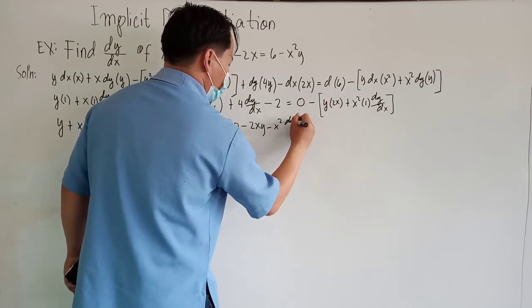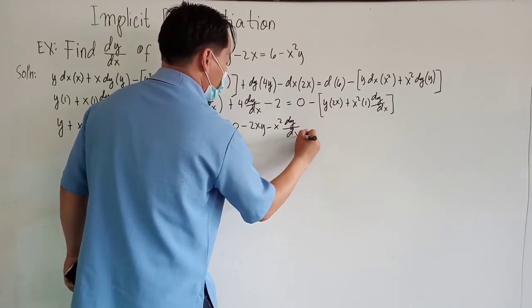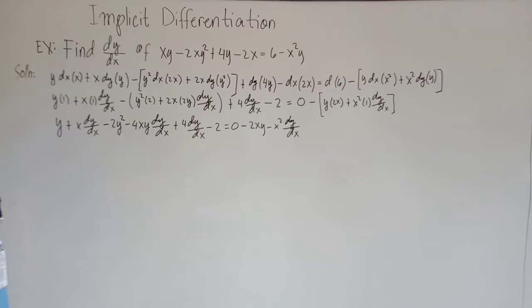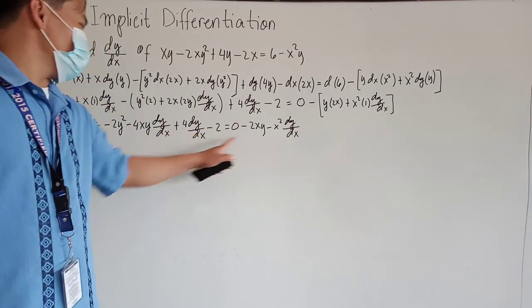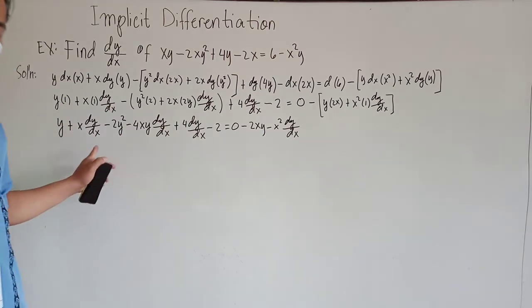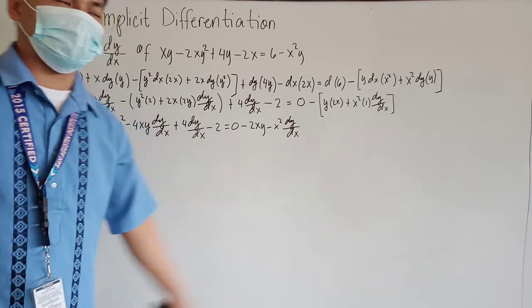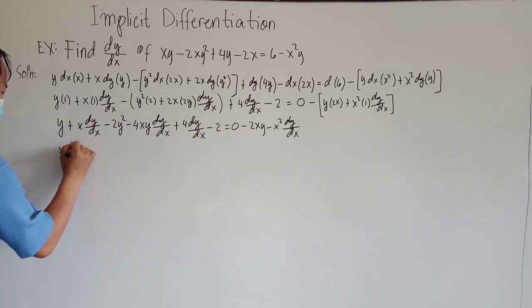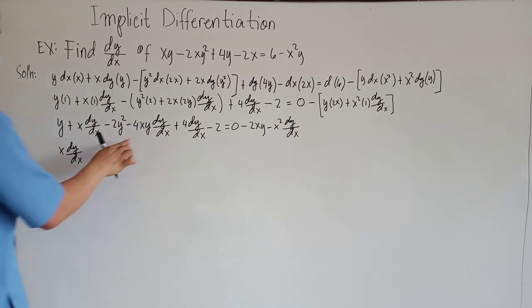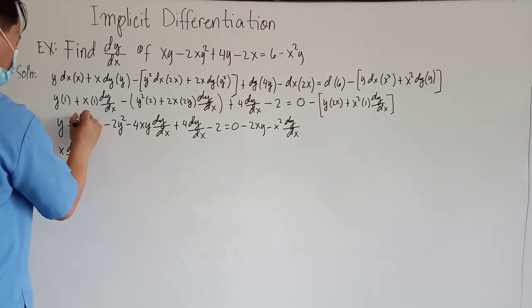Next we will collect all the terms that have dy over dx, and the remaining quantities will be transferred to the other side, the right hand side. So we have here x dy over dx. We are done with this term.